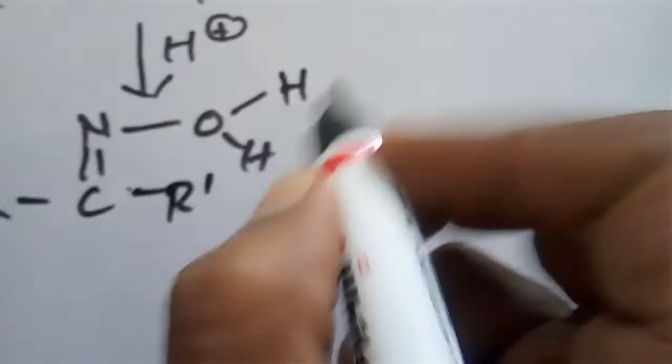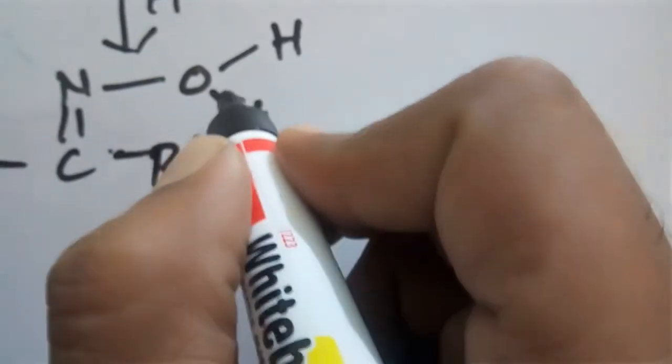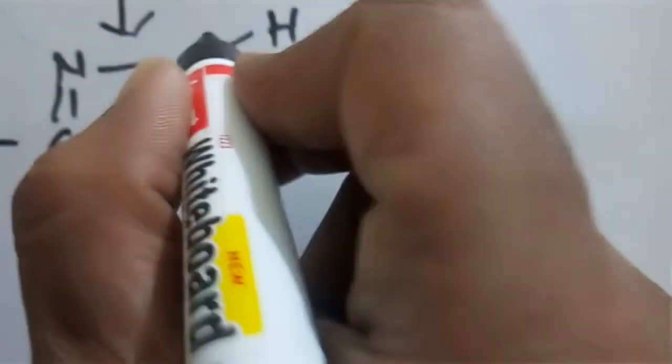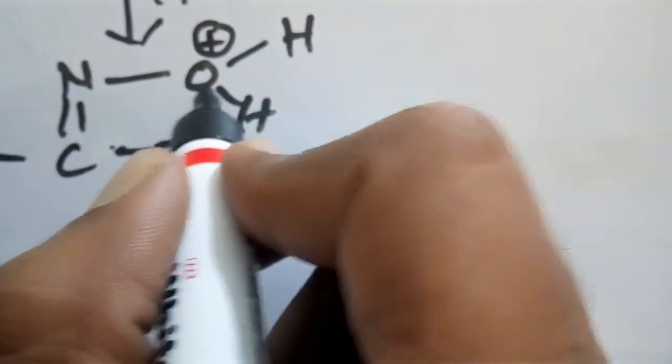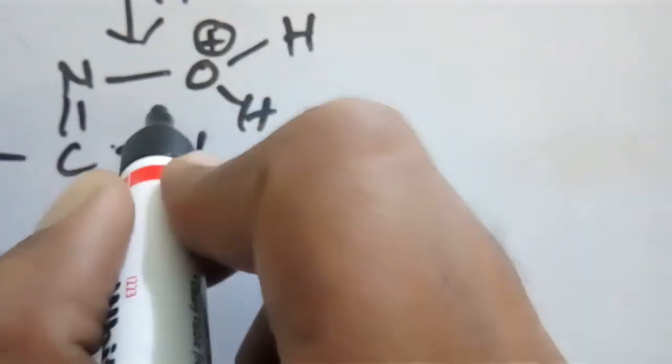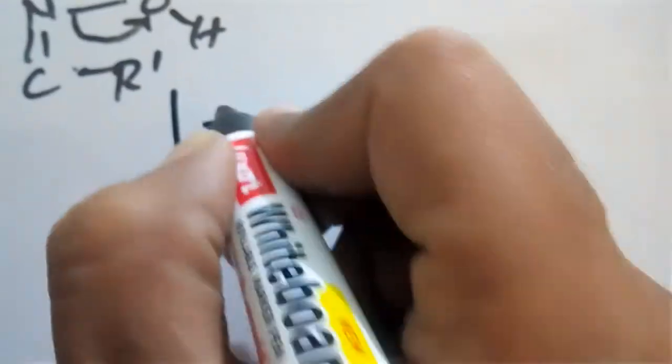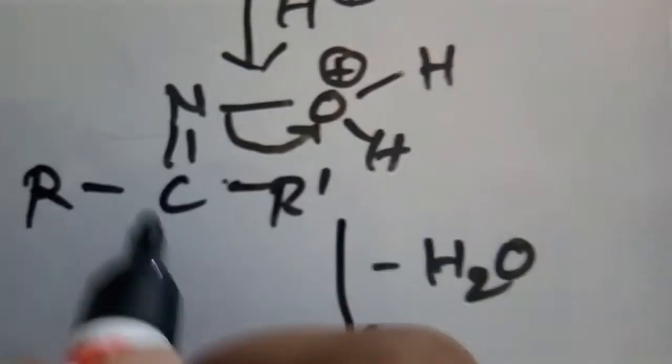Now this oxygen is having 3 valency, therefore plus charge. Because this is unstable, the bond will be broken. This oxygen is more electronegative than nitrogen, so both the electrons will be taken by oxygen, and a stable product H2O will form. Now you see what is happening.